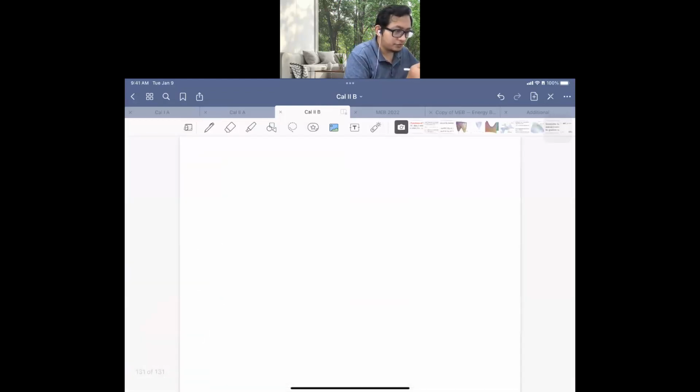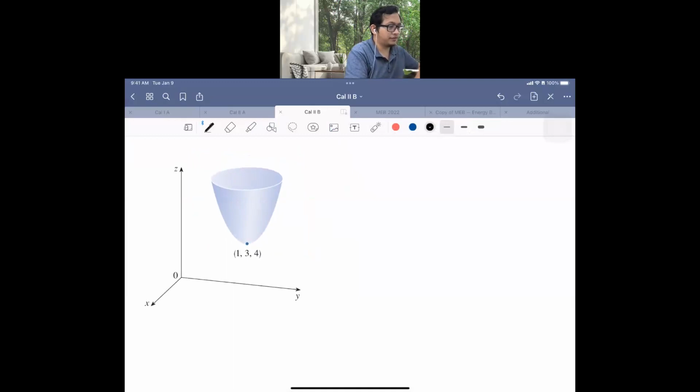For example, if we start from here, this graph is the quadratic surface of the paraboloid. So this will be the equation.